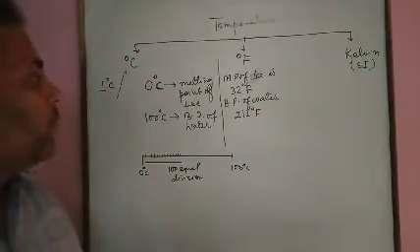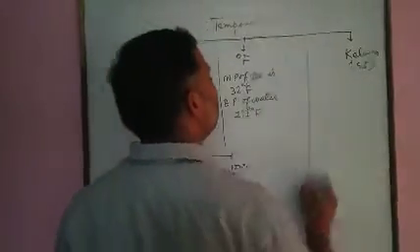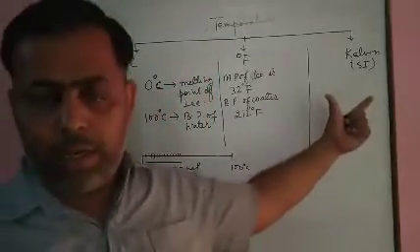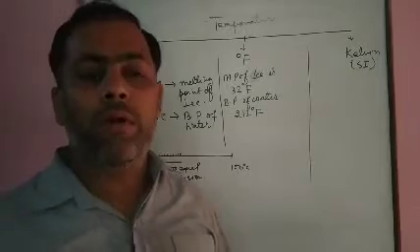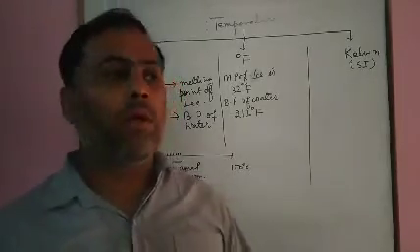Clear? The Kelvin scale I have already defined. It is 1 upon 273.16 fraction of the triple point of water.